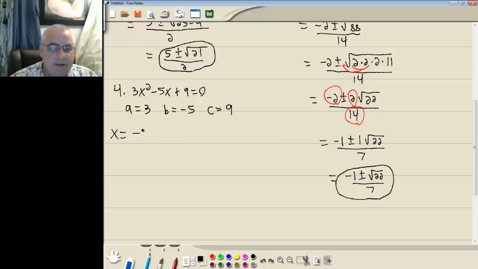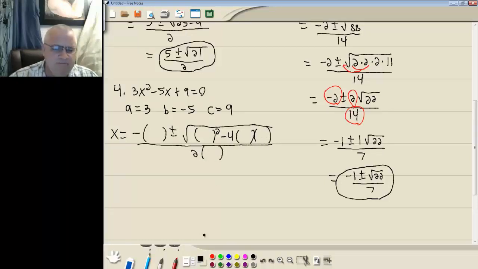So we're going to have x is equal to negative b plus or minus square root of b squared minus 4 times a times c all over 2a. Let me label these. This is b, b, a, c, and a. Okay, we said A was 3, so everywhere we had an A, we'll put in 3.